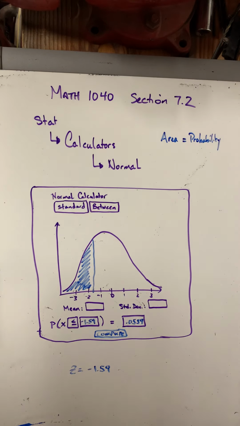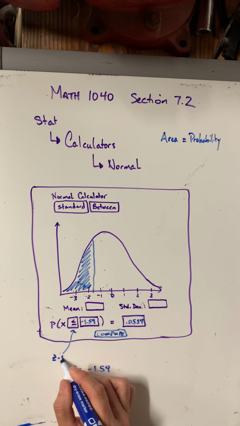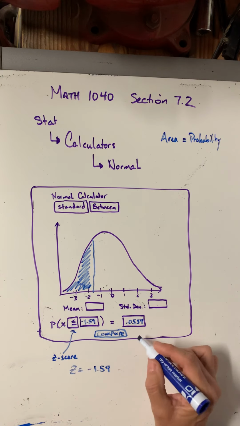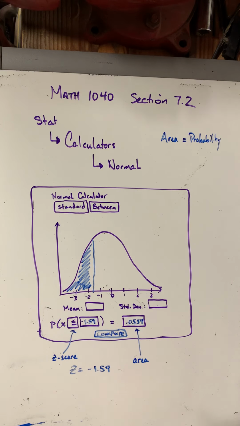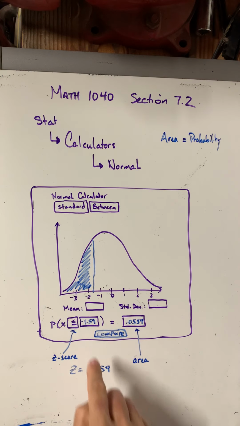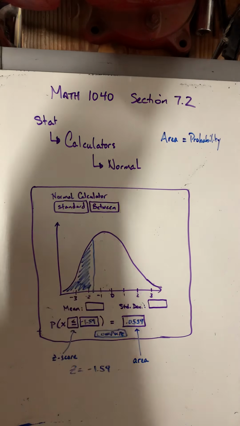I think they say 4 decimal places. So what went here was the z-score, and what was here was the area. All of question 1 is that way. You're just going to keep putting in new values for z and giving them whatever that output is.